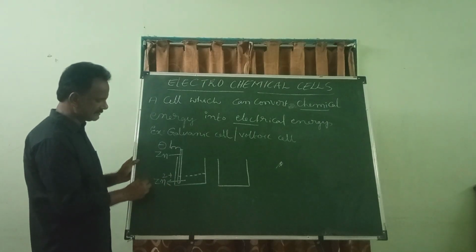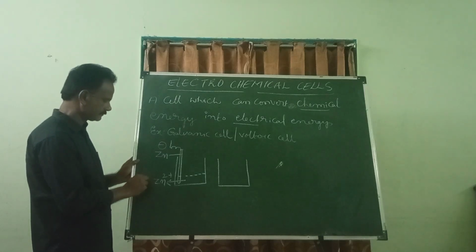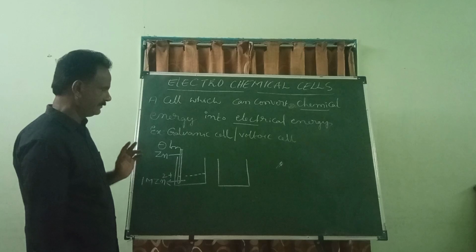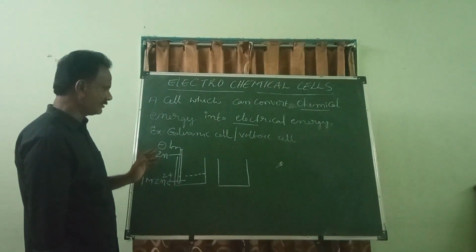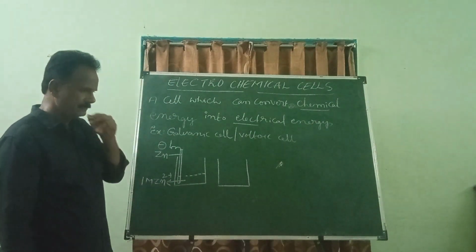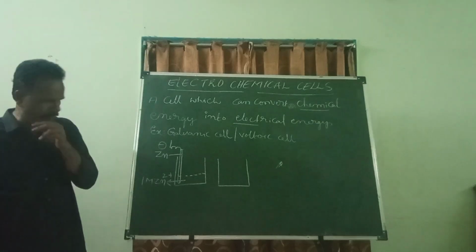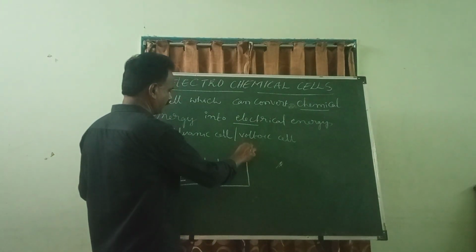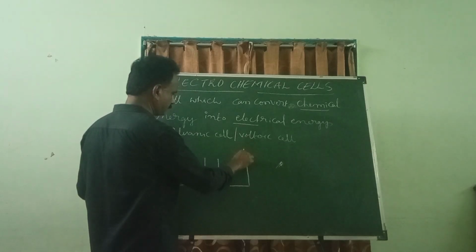Here the concentration is 1M. This is anodic half cell. Now let us go for cathodic half cell.